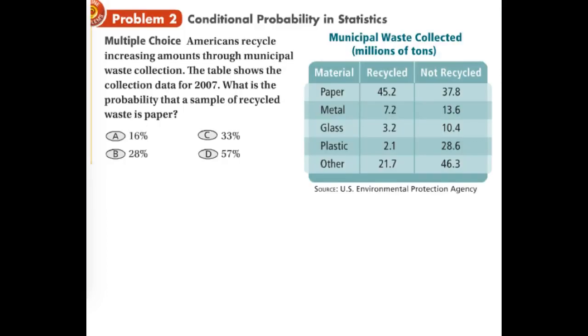All right. Our second example. It says Americans recycle increasing amounts through municipal waste collection. The table shows collection data for 2007. What is the probability that a sample of recycled waste is paper? How would we write this as P of B given A? What's B, what's A? It says, what is the probability that a sample of recycled waste is paper?